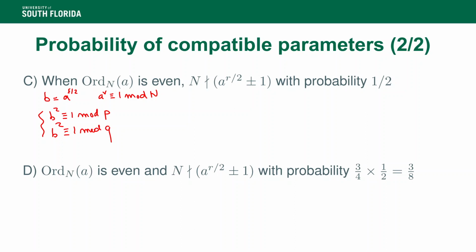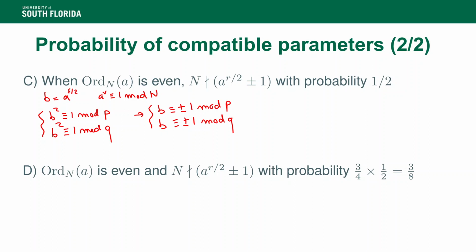Individually, because p and q are odd primes, this means that B is congruent to plus or minus 1 mod p, and B is congruent to plus or minus 1 mod q. This is a property that is only satisfied if p and q are odd primes here.